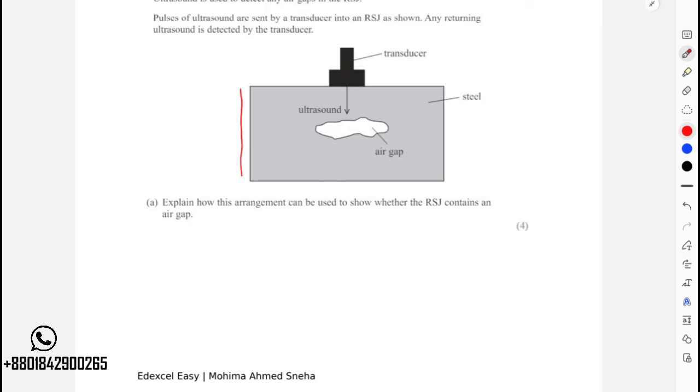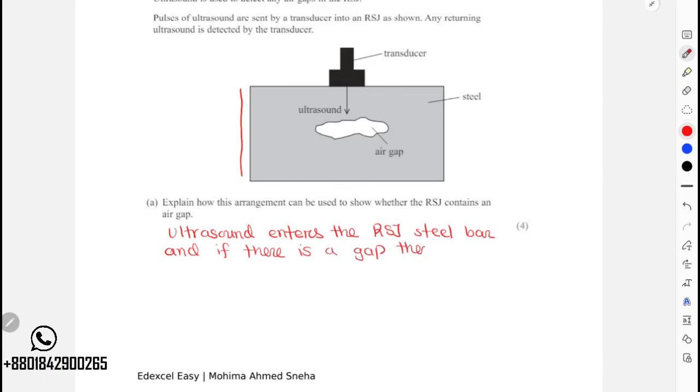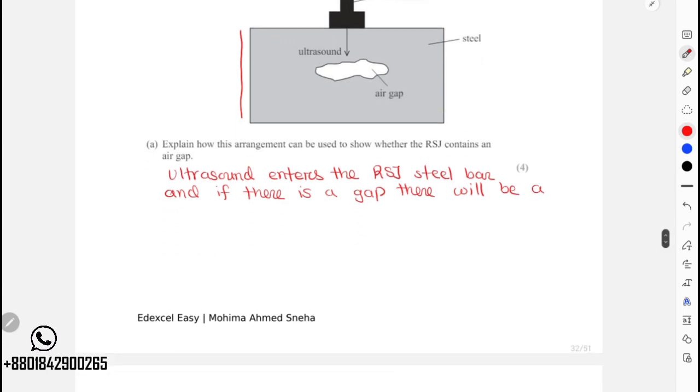I'm just going to write that ultrasound enters the RJS steel bar, and if there is a gap, there will be a change in density.